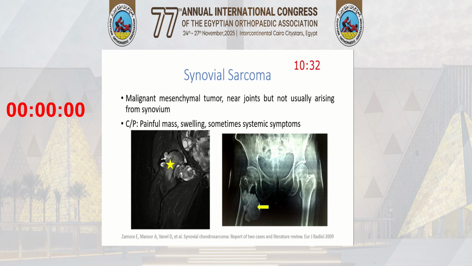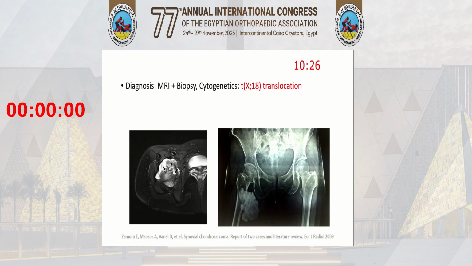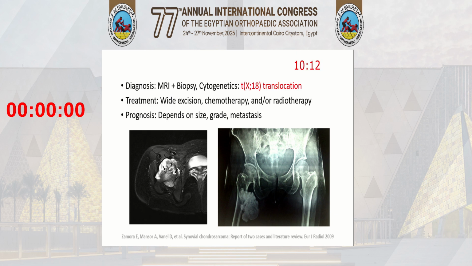Clinical presentation is a painful mass, swelling, sometimes systemic symptoms. For diagnosis, we use MRI, guided biopsies, and cytogenetics. Usually we find a translocation between the X and 18 chromosomes. For surgery, we plan wide excision, chemo and/or radiotherapy, and prognosis depends on size, grade, and metastasis if present.